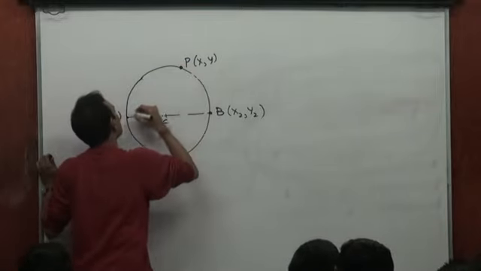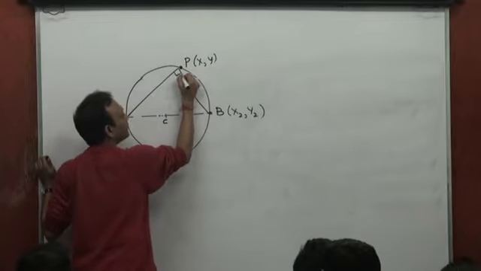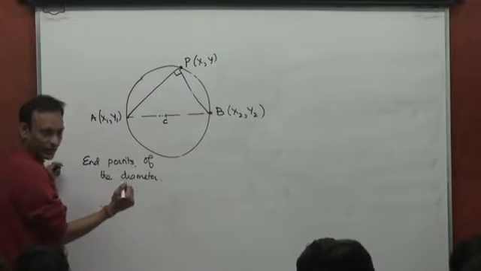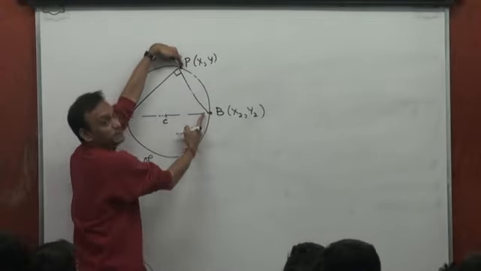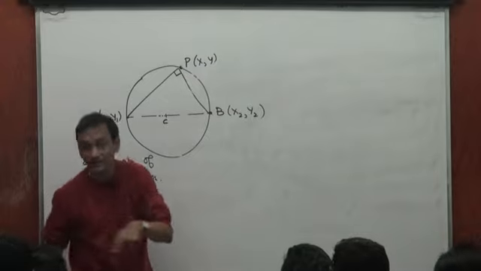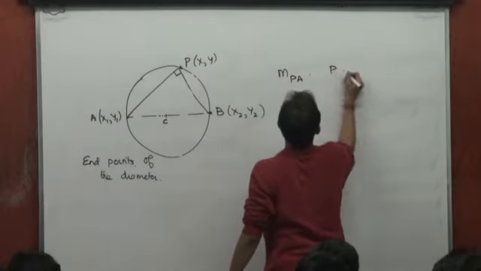Obviously, if P is any other point on the circumference of the circle, then what would this angle be? Angle in a semicircle, so 90 degrees. That means the slope of PA into the slope of PB will be -1, right? Slope of PA into slope of PB.